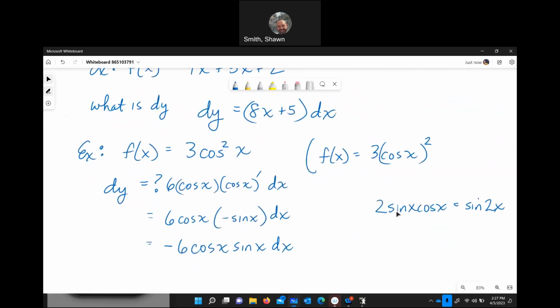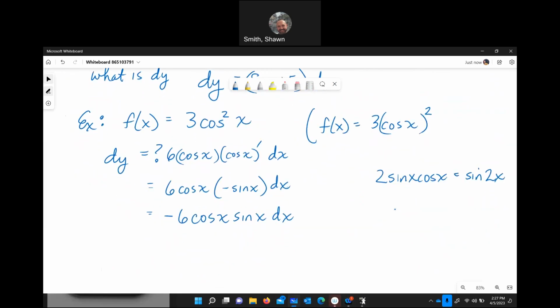So if you want to make it where only one trig function is involved, you could say this is negative 3 times 2 sine x cosine x, which is negative 3 sine of 2x, dx.